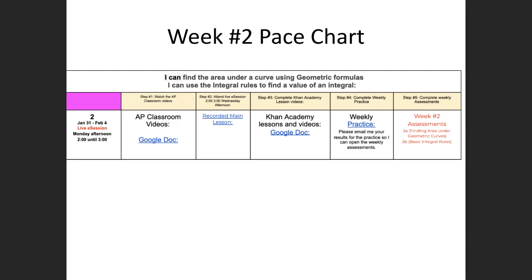This week, we're going to be finding area underneath curves using geometry, and we're going to have some basic integral rules. Now, these integral rules won't seem very interesting today, but whew, they do come in handy in the upcoming weeks.